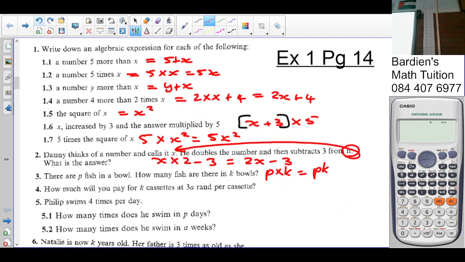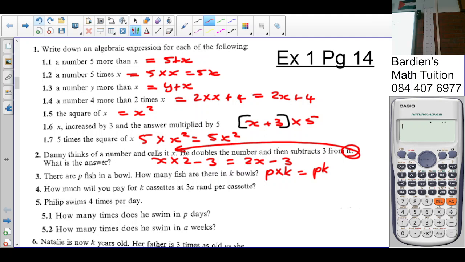How many fish would there be in that amount of bowl? They did say that. So what you're saying is there must be another word in here. Like what word? Just give me the word. You don't know what you wanted to say. Okay. I would say the question should have been, how many, in total, how many fish would there be in K bowls?